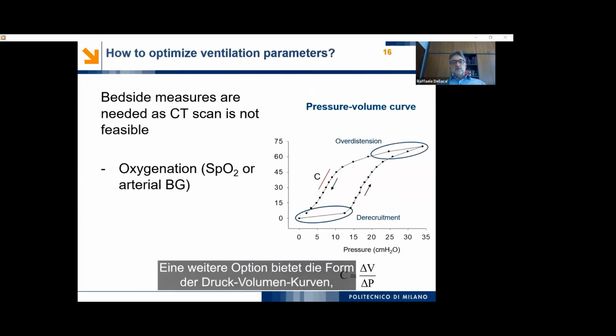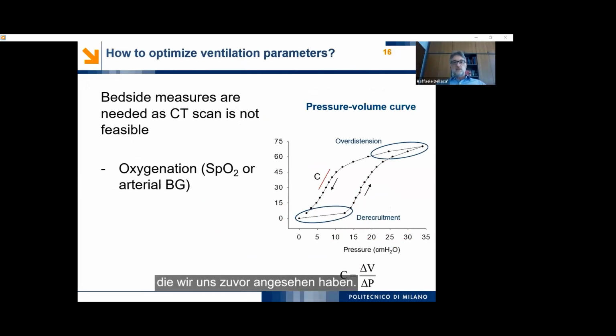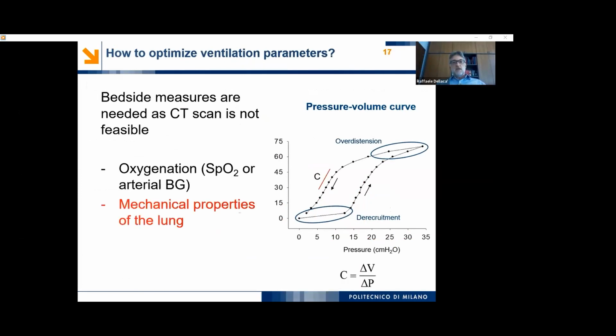Another option is provided by the shape of the pressure volume curves that we have seen before. Actually, this is how we define the protective ventilation strategy. The shape of this curve is characterized by changes in slope of the pressure volume relationship.